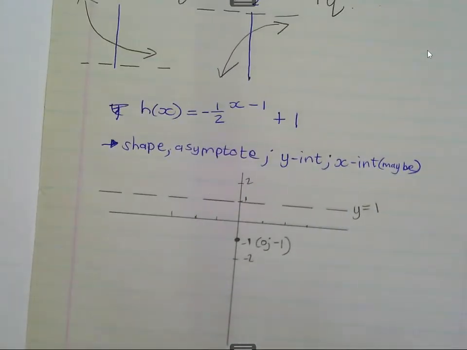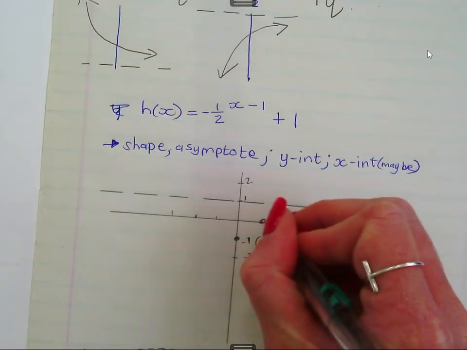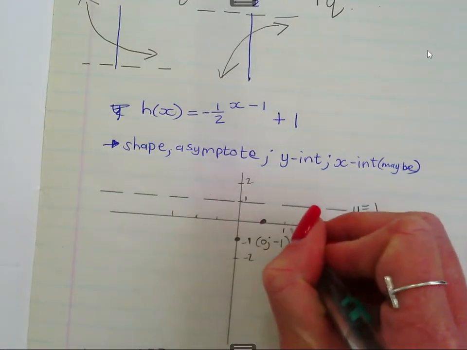Have I done anything difficult? I don't think so. Nothing that we've done is something that you haven't done before. And then the X-intercept is going to be there. It's 1 and 0.